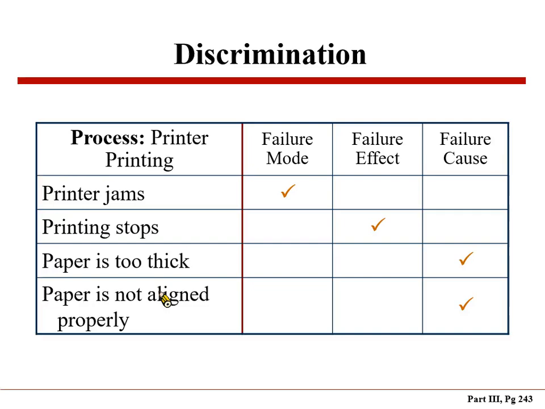So actually in printing, the printer jam is like a value mode. The printing stop is the impact of value, and the paper is too thin, and the paper is not aligned. Those belong to the value cause.